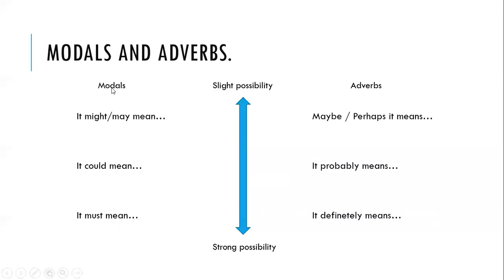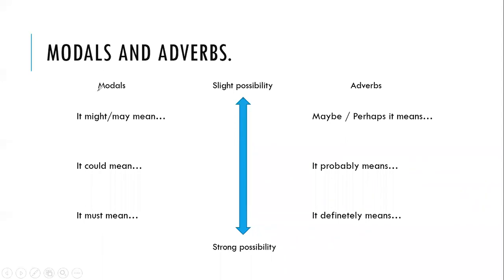And whenever we use modals, might, may, could, and must, we're going to use the verb mean in its base form. We're just going to use it as it is. And on the other hand, with adverbs, we are going to use the verb mean conjugated into its third person, which is having an S at the end. So again, I'm going to draw it here.